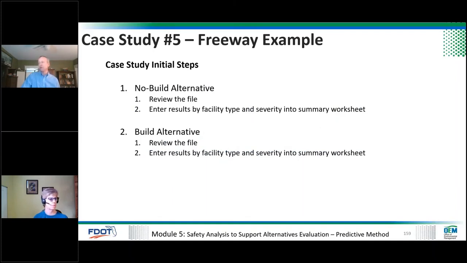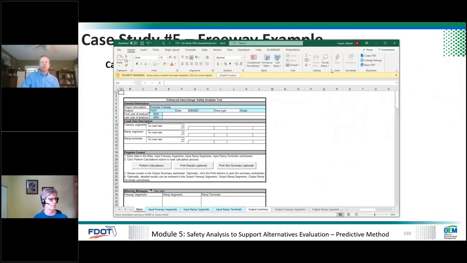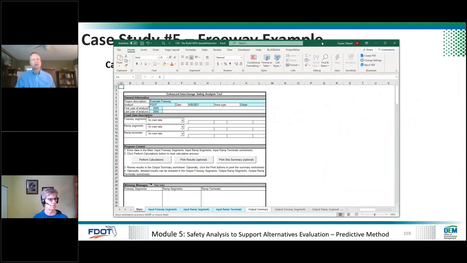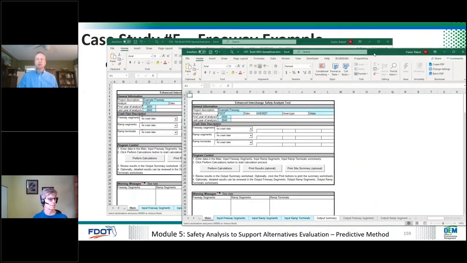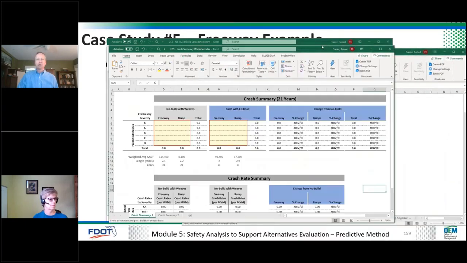The no build file looks like this, and it'll open up, at least for me, with a yellow bar. You want to enable the content so that you're able to run it should you need to, and then the build, and then there should be a crash summary that looks like that.